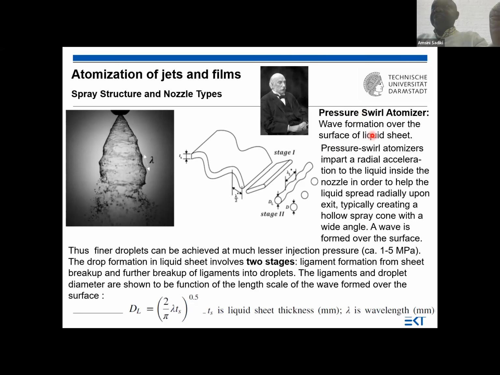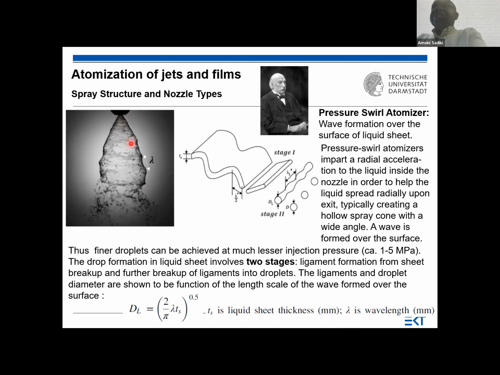This pressure swirl atomizer is a swirler which produces wave formation on the surface of the liquid sheet. How? Within the nozzle, there is a production of radial acceleration of the liquid so that we can obtain more liquid spread readily upon exit.